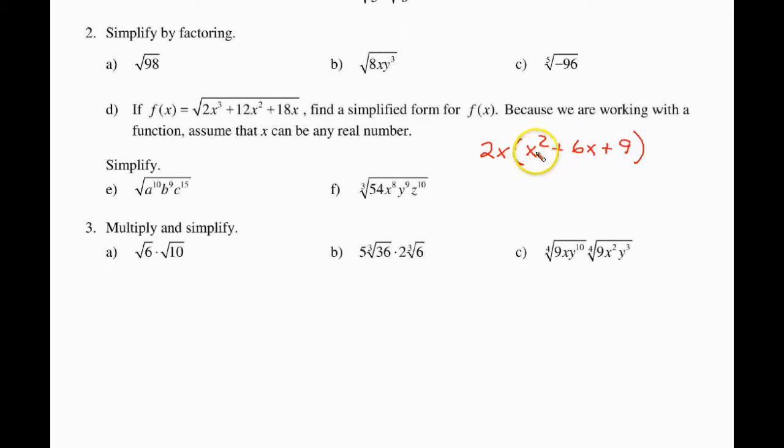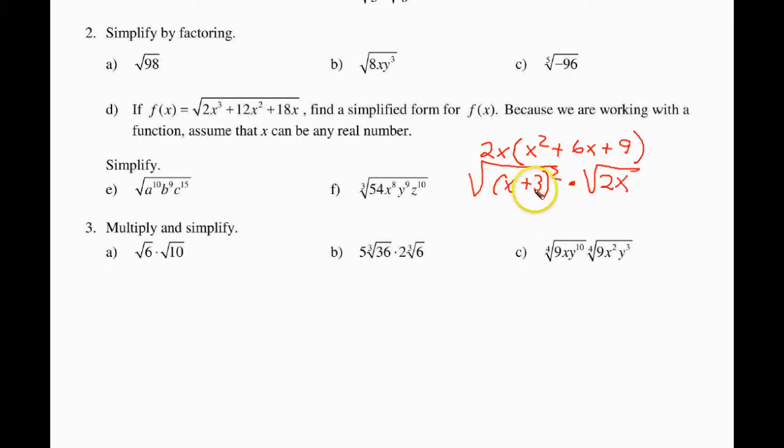And I say, oh, look what I found here, a perfect square trinomial. So I'm going to put this first in this form, x plus 3, the quantity squared, and that's going to be under one radical sign. And then I'm going to have times, under the other radical sign, 2x.